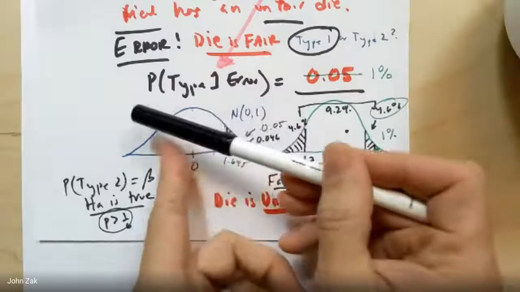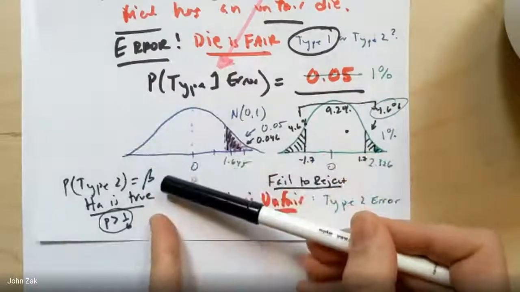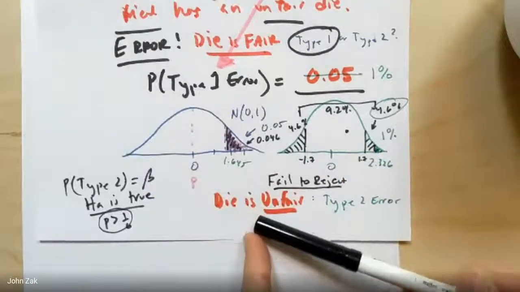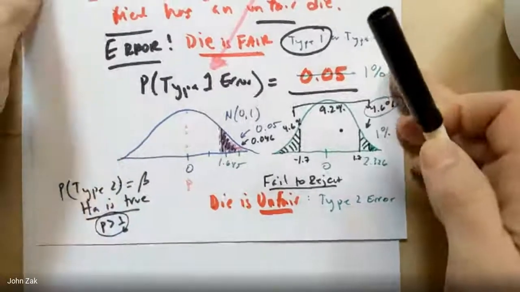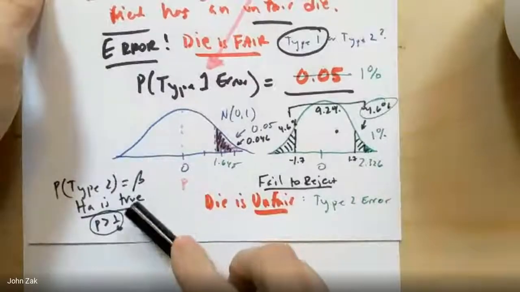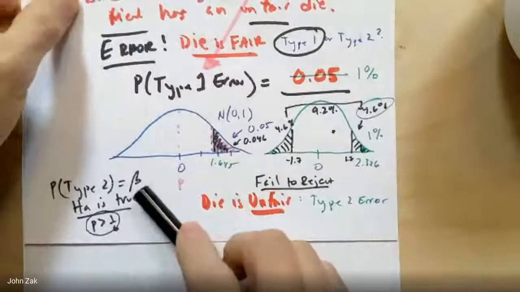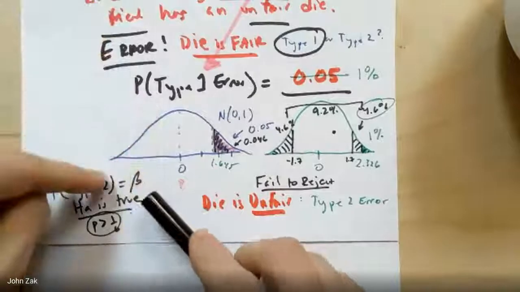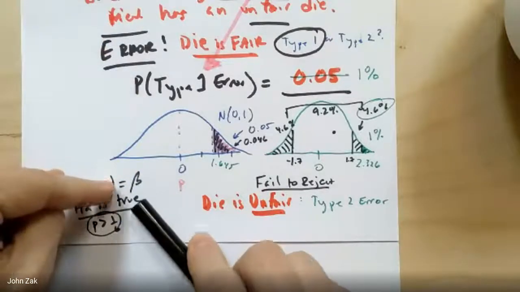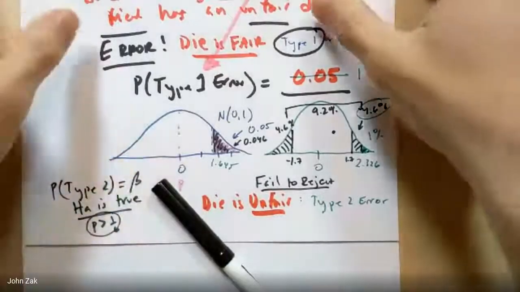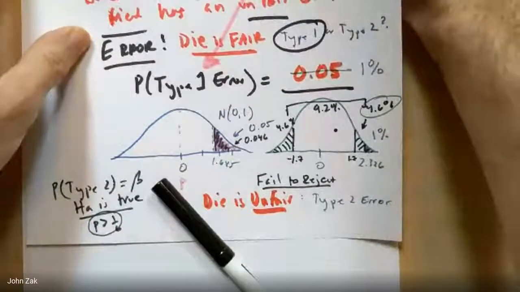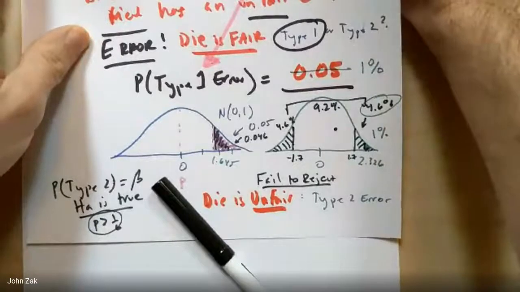If alpha goes up to like 10%, then beta goes down to a lower probability. And again, I'll dig into that and show that to you another time. It's actually kind of fun to calculate. And if you can calculate it, then I think it deepens your understanding of how everything works together. But we'll look at that next week sometime. Let me see what other questions we have here.